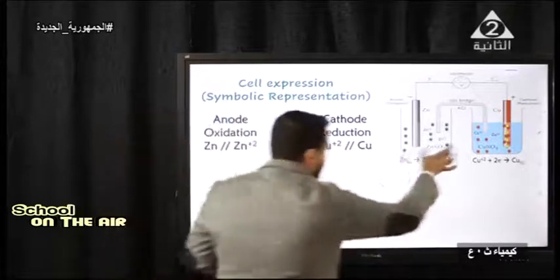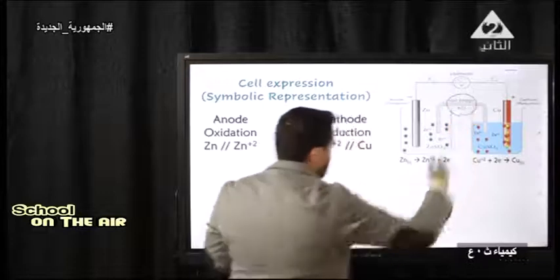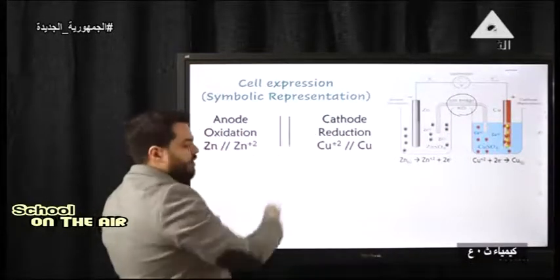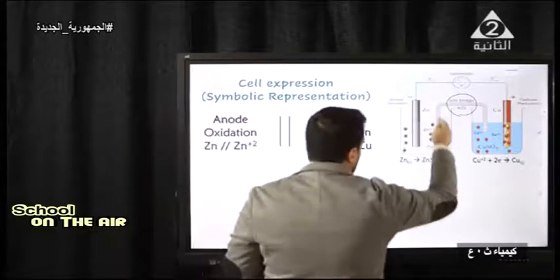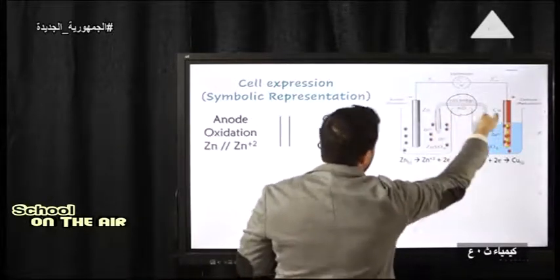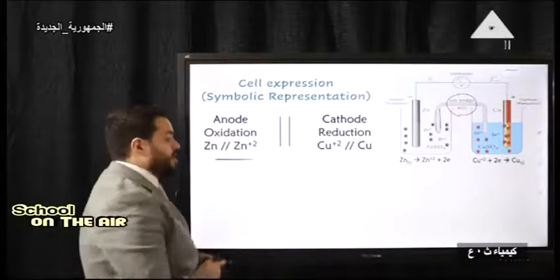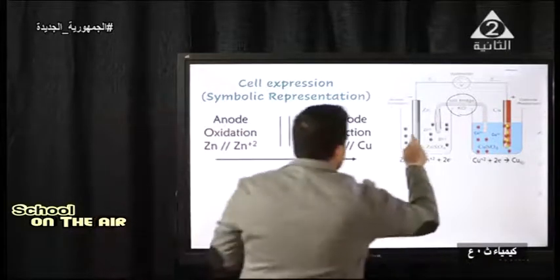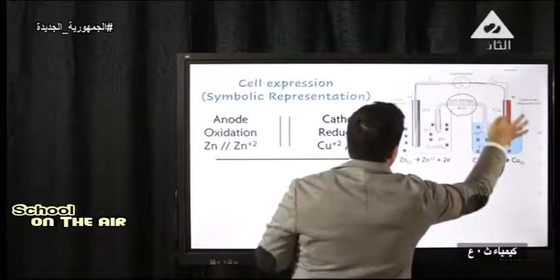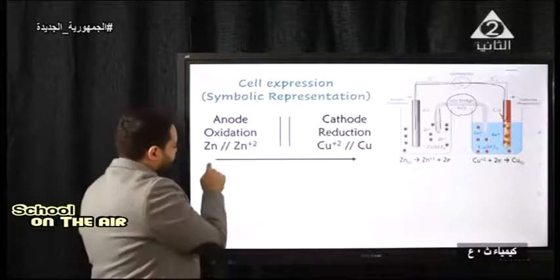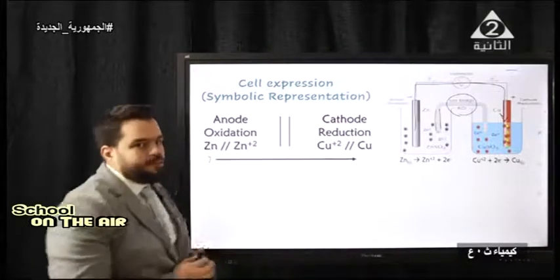So the two half cells are connected together by the salt bridge. You can represent the salt bridge by two parallel lines between the two half cells. And you will represent by an arrow the direction of the electron flow from anode to cathode. And that is a fatal and common mistake.